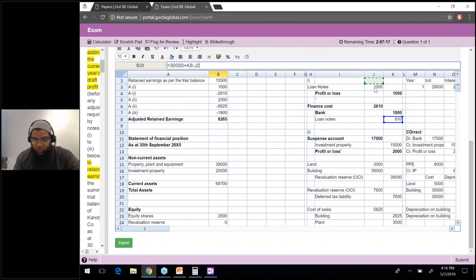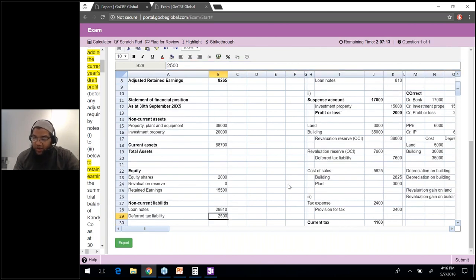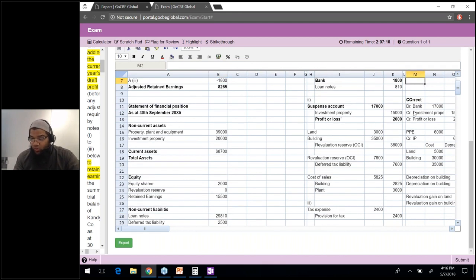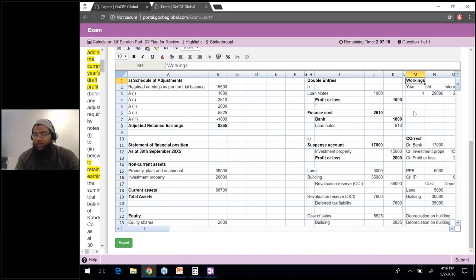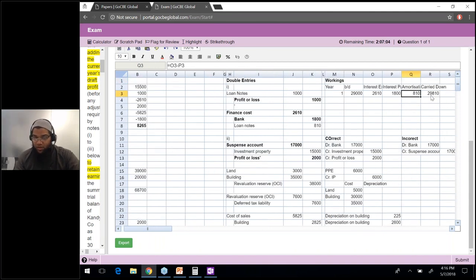So the loan notes is now 29,810, which we had also calculated in the amortization table. We can also use the value directly from over here, 29,810. But a better method is to use the accounting double entry so that you can maintain control that we have incorporated this loan notes.